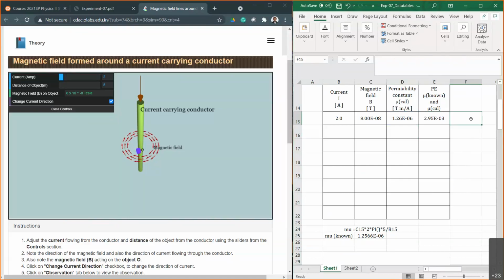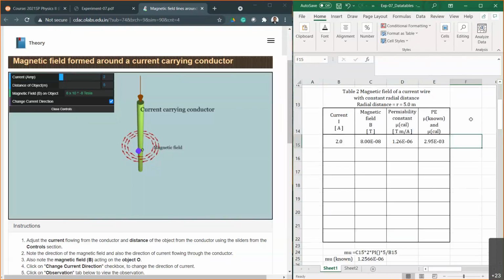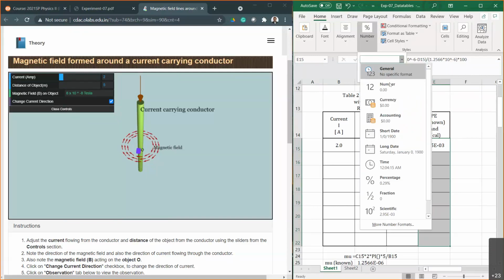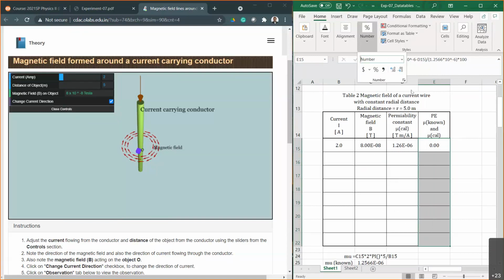All right, it's very small, about 0.00295. Percentage error values should not be left like this in scientific notation. With percentage error values, we would like to see whether the number is large or small. In scientific notation, it has no meaning for that, okay? So make sure you change that into normal number mode with about 3 decimal places.